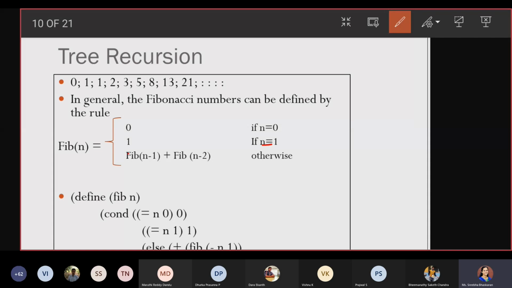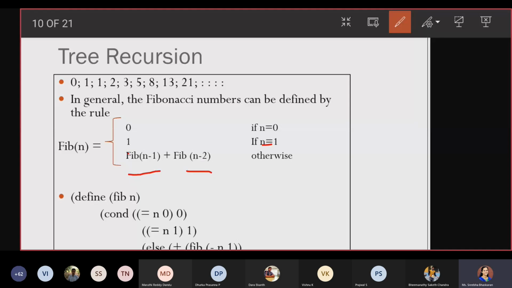We have to add the previous and the previous-to-previous number. So it will be fib of n minus 1 plus fib of n minus 2. The previous value we get by using n minus 1, and the previous-to-previous value by using n minus 2. If you add these two, you will get the value.